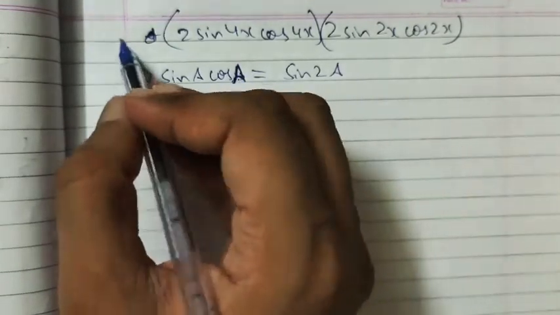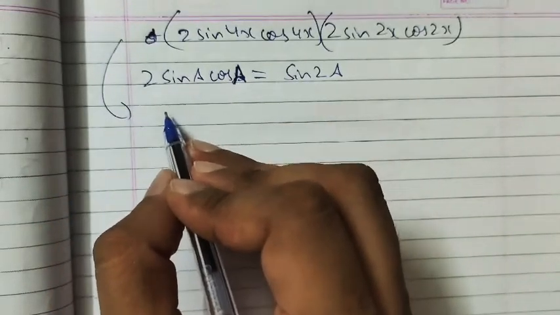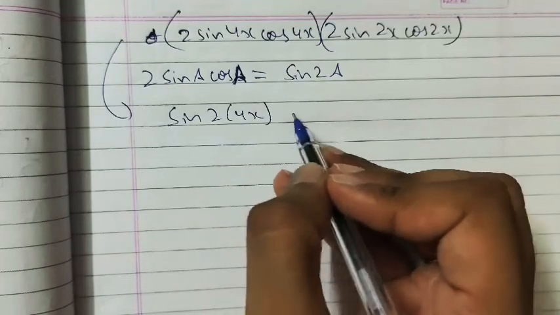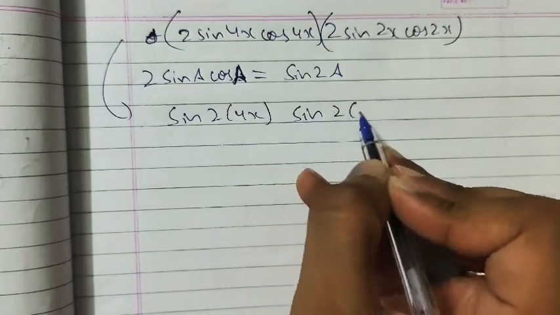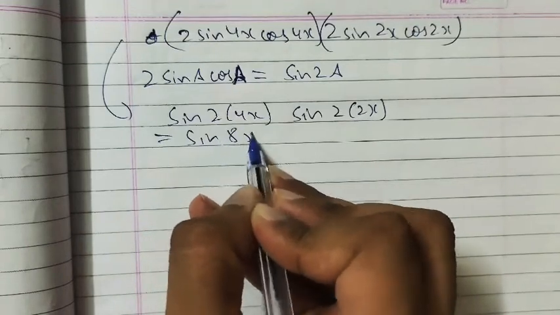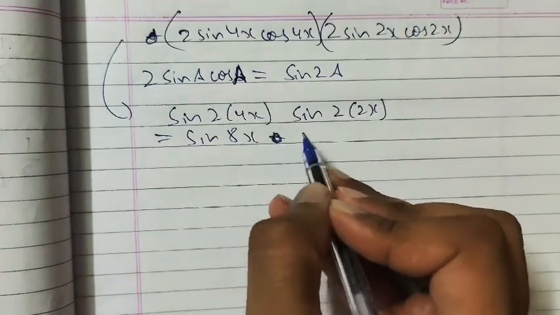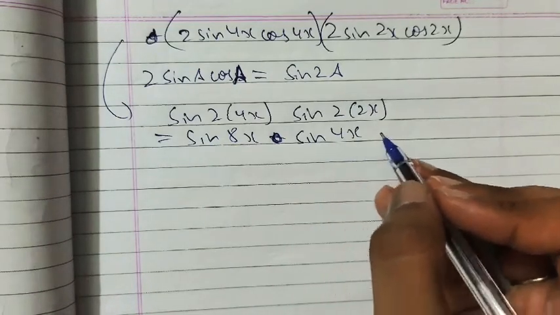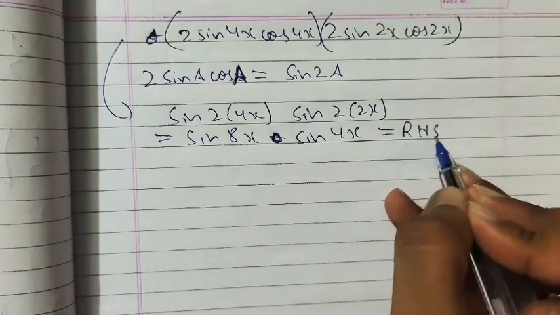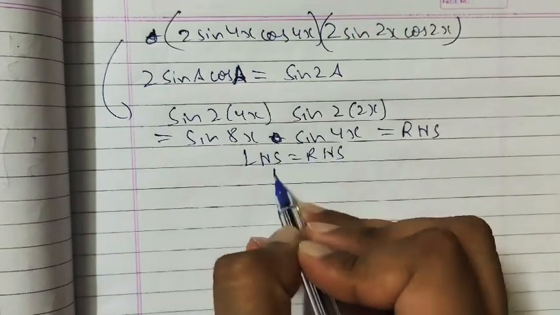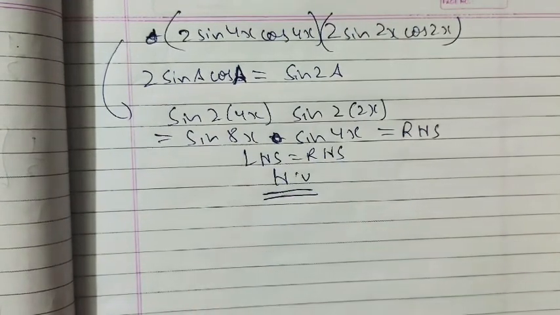So using this identity we can say this as sin 2(4x) sin 2(2x), or we can say sin 8x multiplied by sin 4x. So sin 8x sin 4x, this we had to prove, which is equal to RHS. LHS is equal to RHS, hence verified.